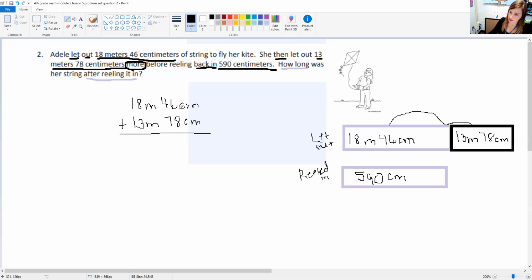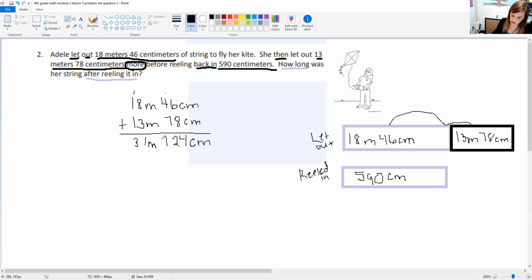So I get 6 plus 8 is 14, 7, 10, 11, 12. So I got 124. So 124 centimeters here. And then I'm going to say 8 plus 3, 11. And then 1 plus 1 plus 1, 3. So I have 31 meters, 124 centimeters.